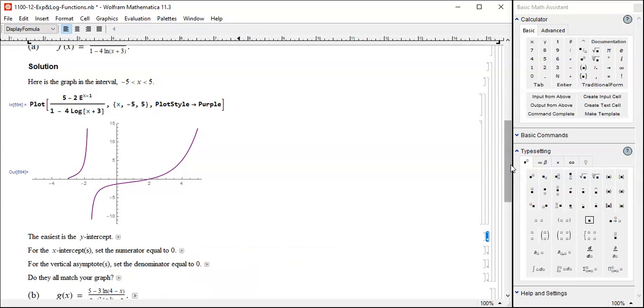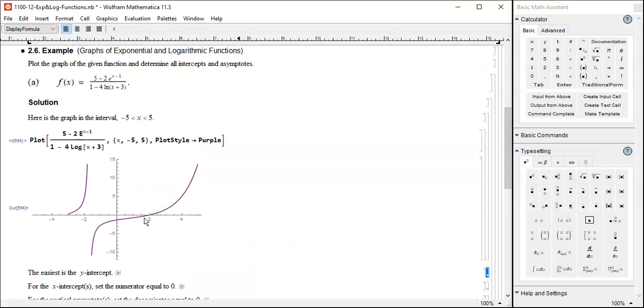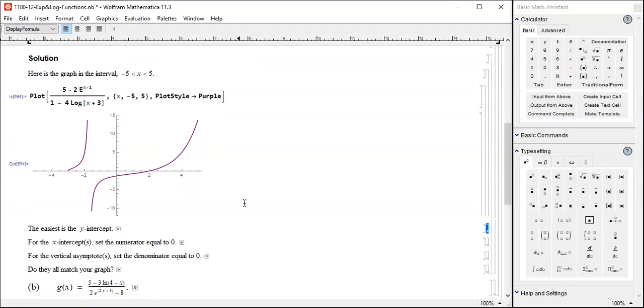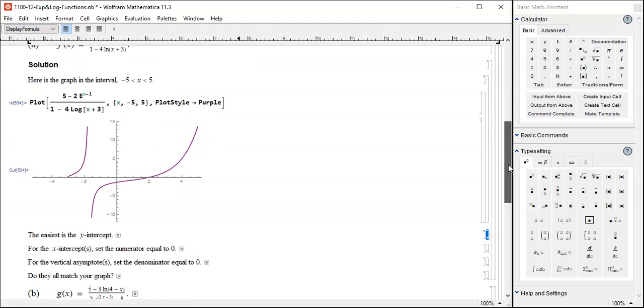Next, let's find the x-intercept right here. That's when the y-coordinate, the function value, is 0, so the numerator is equal to 0.